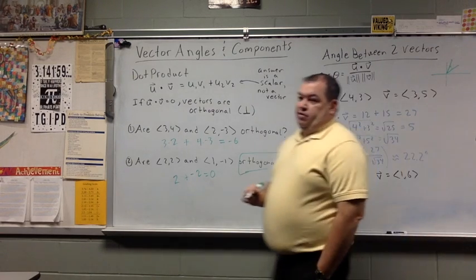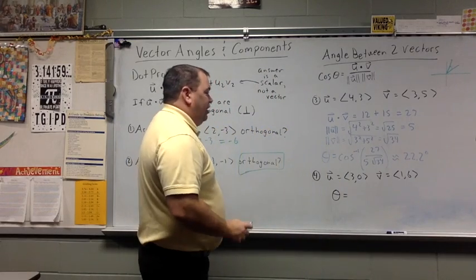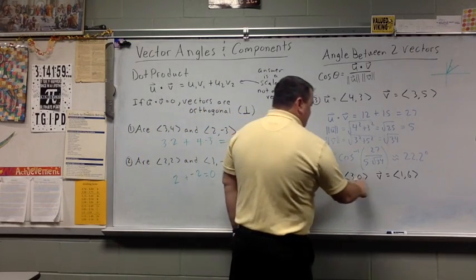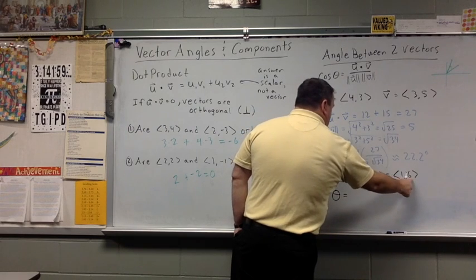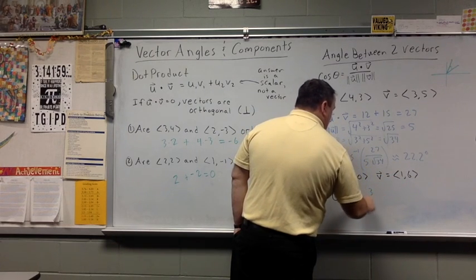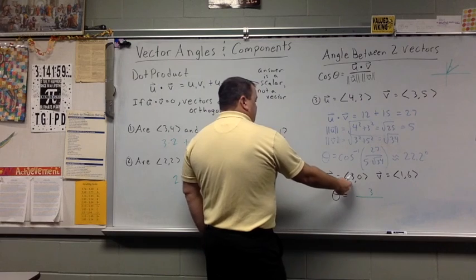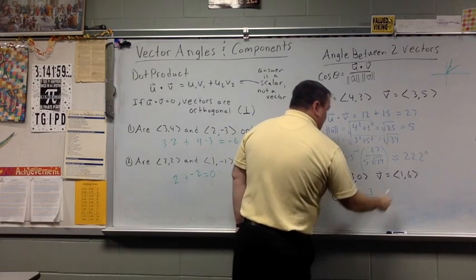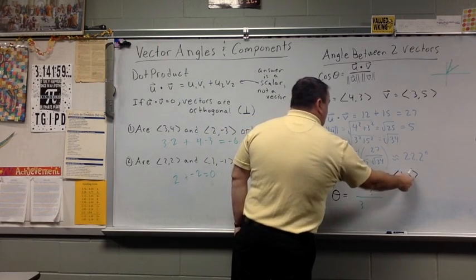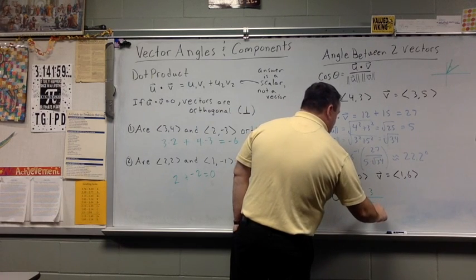Another example down here. If I set it up the same way, I want to dot these, so I get 3 plus 0, that's 3. The magnitude of this one is going to be 3. The magnitude of this one is going to be the square root of 37.